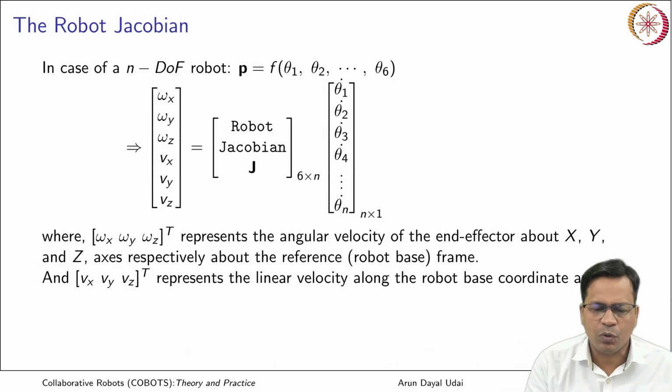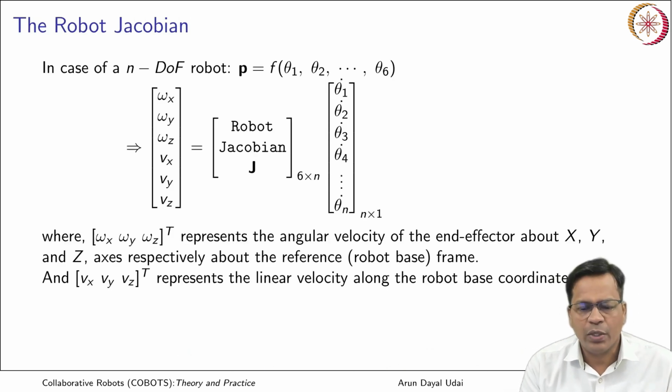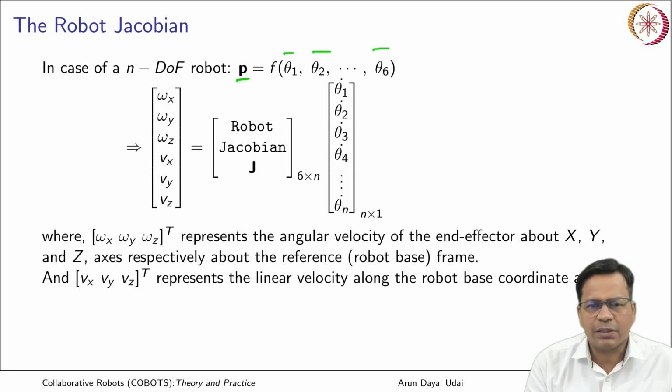In the case of robots, the end effector pose is a function of the input joint angles. The end effector pose depends on theta 1, theta 2, theta 3, up to theta 6 in the case of a 6 degrees of freedom robot, or up to theta 7 for a 7 degrees of freedom robot.